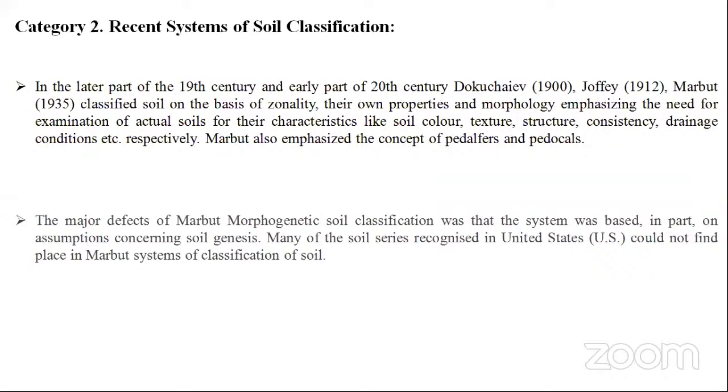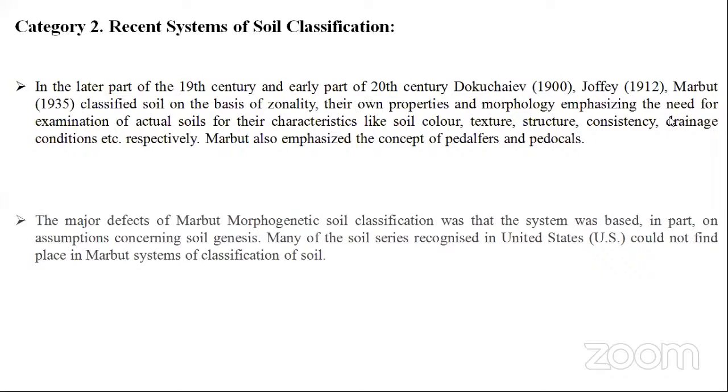Especially Dokuchaev completely gave the genetic concept, and there are some properties, like morphological ones. Marbut had given some morphological classification. He included genesis also, a morphogenetic emphasis, for the need of examination.